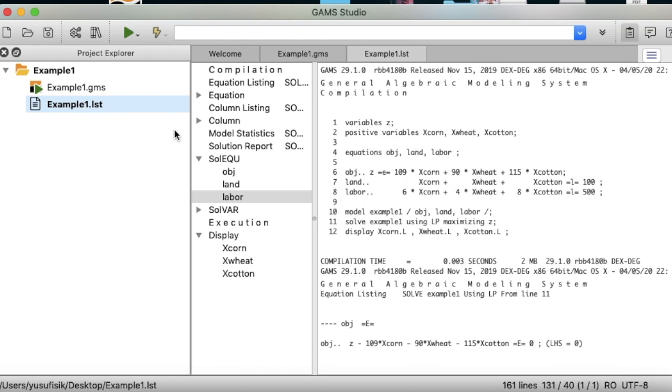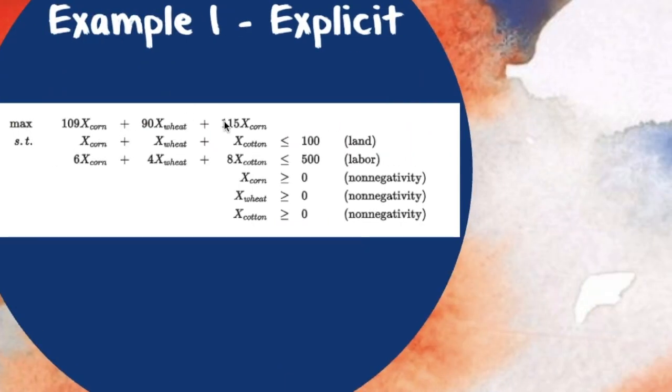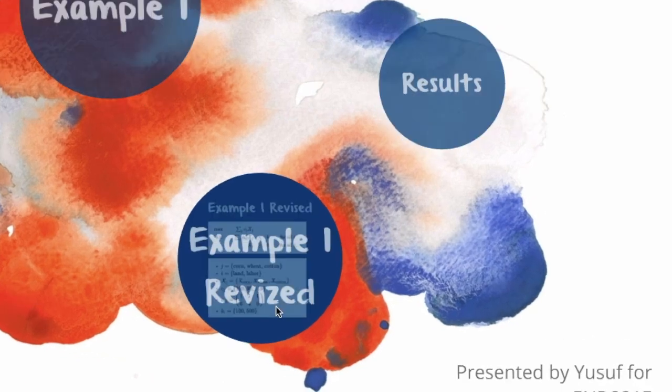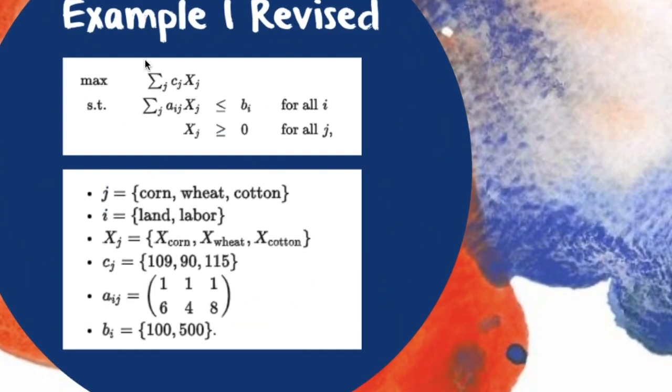Now let's see another way of doing this example. As in canonical form, you see the sum of xj's with coefficients cj's and with a summing sign.